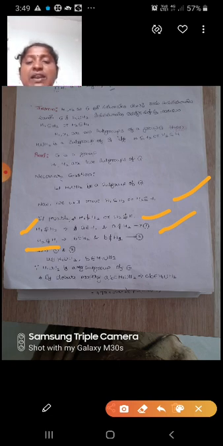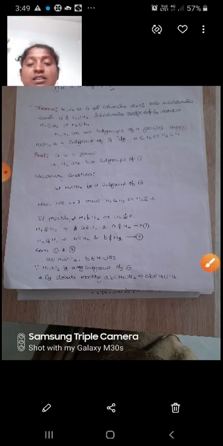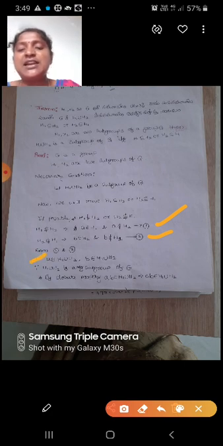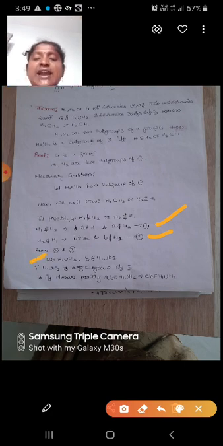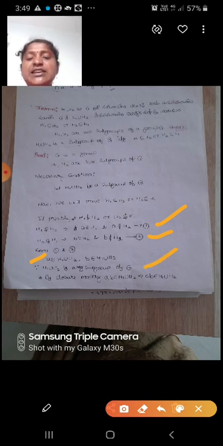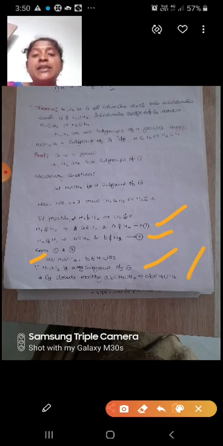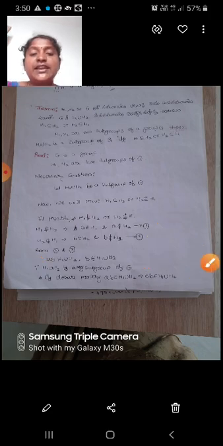So from 1 and 2, A belongs to H1, B belongs to H2. So we can write A belongs to H1 union H2 and B belongs to H1 union H2. Since H1 union H2 is a subgroup of G, by closure property A, B belongs to H1 union H2 implies AB belongs to H1 union H2.